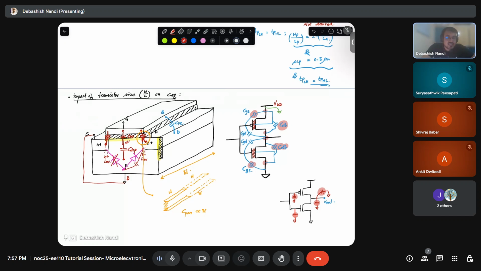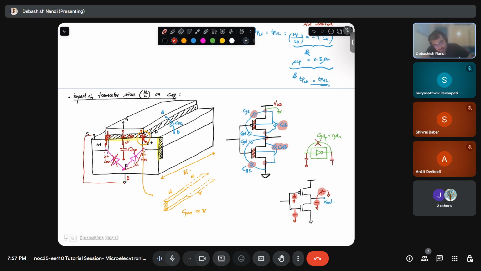What about CGD? CGD is connected between input and output, right? So let's say this is my inverter and CGD is connected between input and output. This is CGDP plus CGDN. So can I ignore this and connect two capacitances like this?